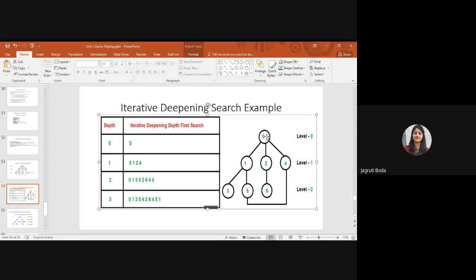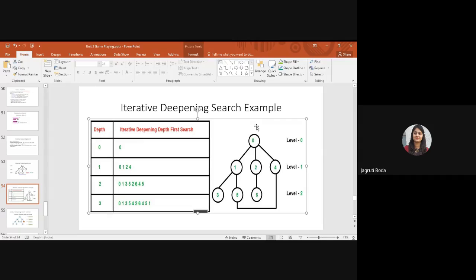Again I repeat. At depth 3, starting with 0, you explore their child 1, then their child 3, then 1 has a child also 5, so 5, then again 2 and their child is 6, and 0 also has another child 4 and their child is 5 and their child is 1. So this is your iterative deepening search example, which is a combination of BFS and DFS. Clear?